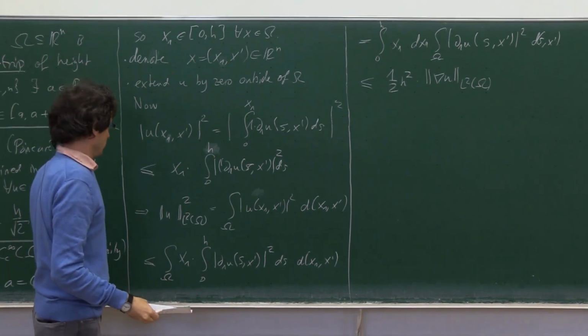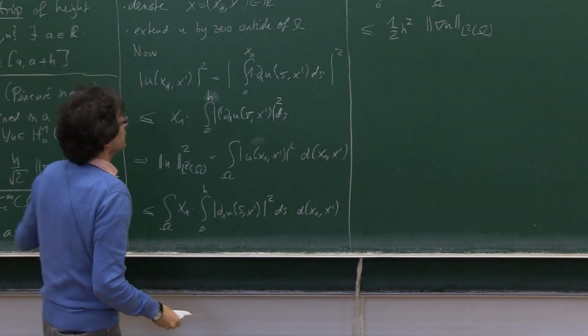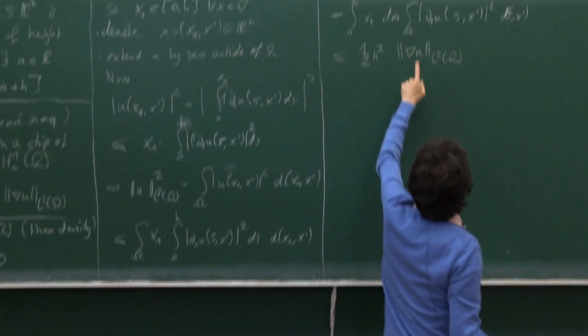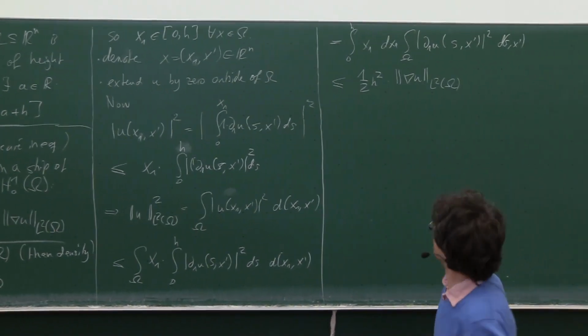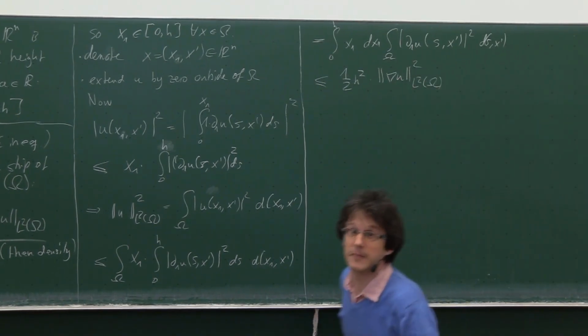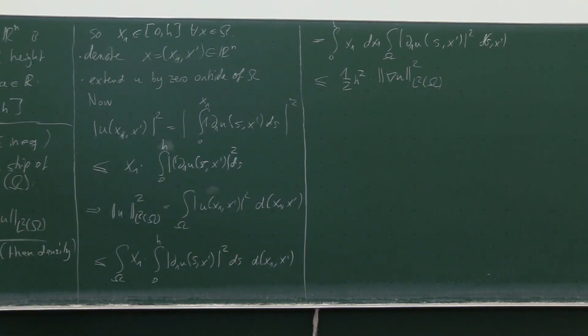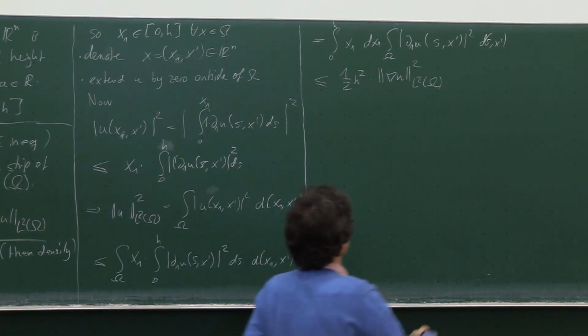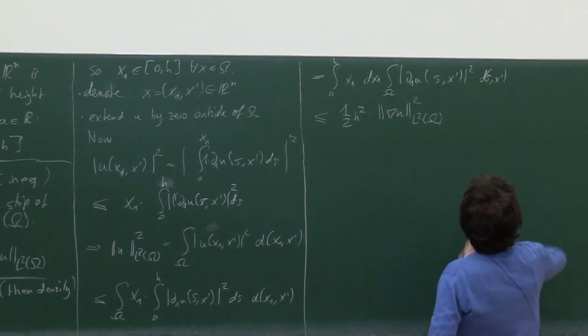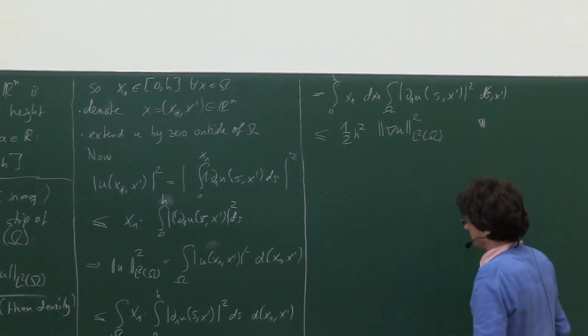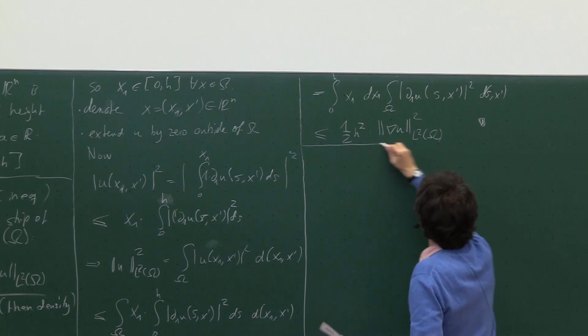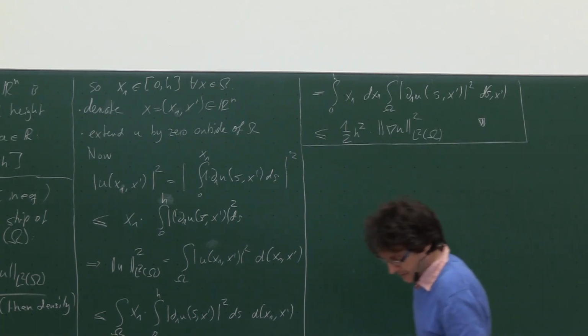Taking the square root, you get that the L2 norm of u is at most h over the square root of 2 times the L2 norm of the gradient of u. This is the Poincare inequality, which we will meet later in the course, and you will surely meet in several other courses as well.